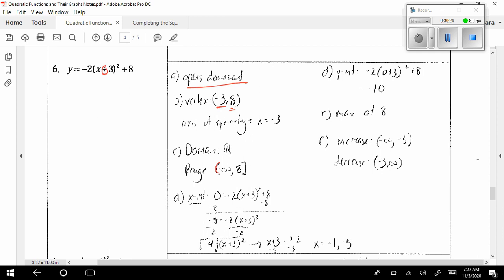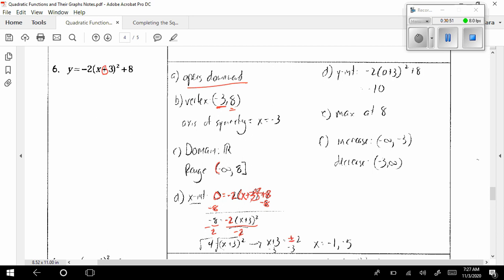X-intercepts, I just use square root property when I solve these, and this one's a little hard to read. So 0 equals -2 times (x plus 3) squared plus 8. The first thing we do is subtract the 8 over. Then divide by -2 next to get rid of that off the front. That gives us 4. We can square root both sides.